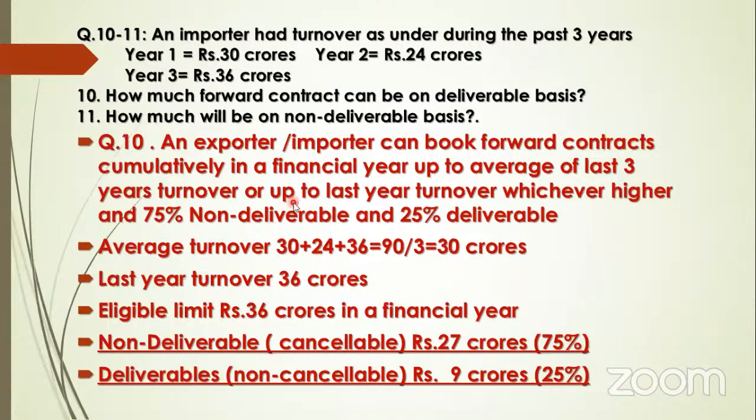Sir, that profit sharing to the customer, can you explain once again? Because the exporters are given freedom. Within the 75%, suppose 36 crore, in this, what is non-deliverable? Non-deliverable means the transaction need not be there on the expiry date. He can just tell the bank to cancel it.